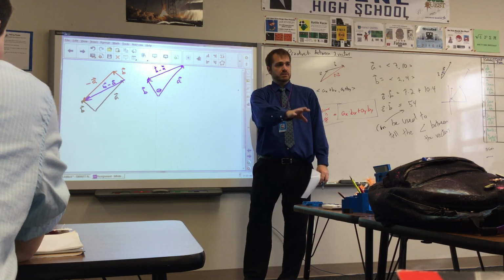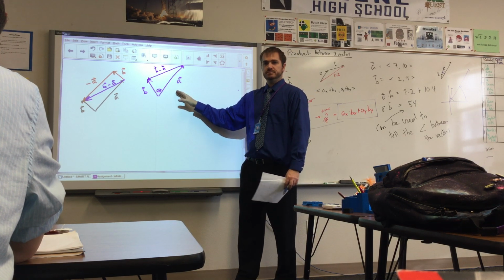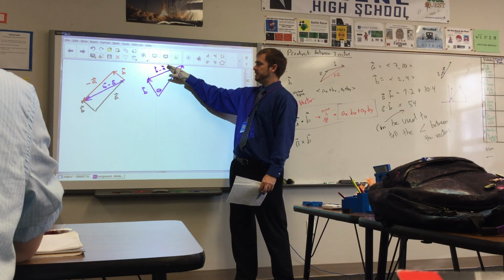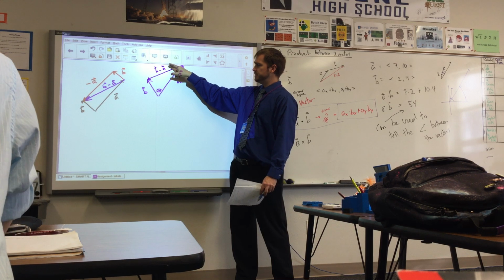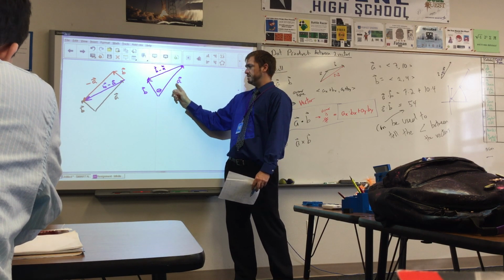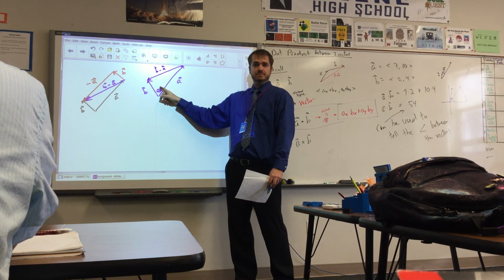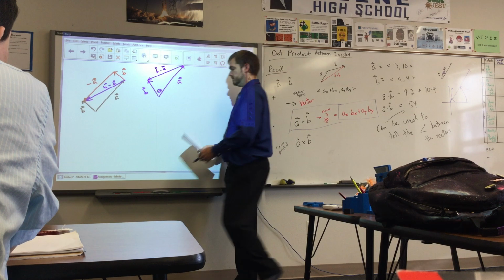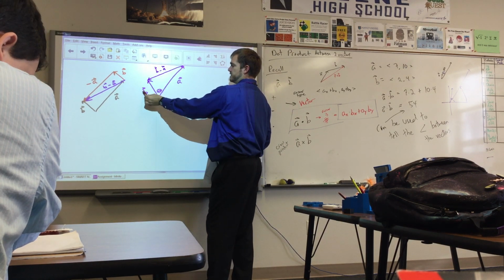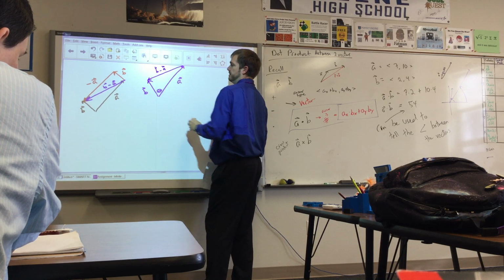Now we're going to go back to the well here and visit an old friend, the law of cosines. The law of cosines said that any side squared is equal to the sum of the squares of the other two sides minus 2 times their product and the cosine of the included angle. Remember that? Of course you did. This side squared equals this side squared plus this side squared minus 2 times this times this times the cosine of this.